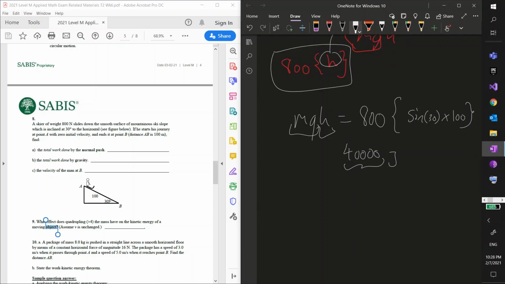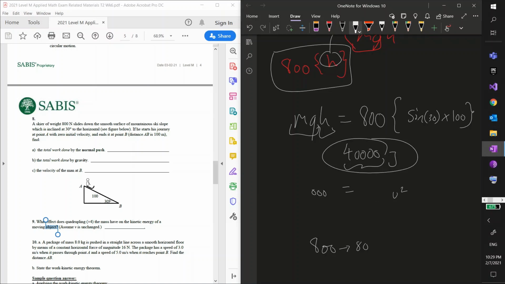What's the velocity? So we said that mgh is equal to half mv squared. Now we found mgh and it's 40,000. So let's substitute 40,000. We have the mass. So the weight is 800, meaning the mass is 80. And now just solve for v squared. Let's divide here and here.